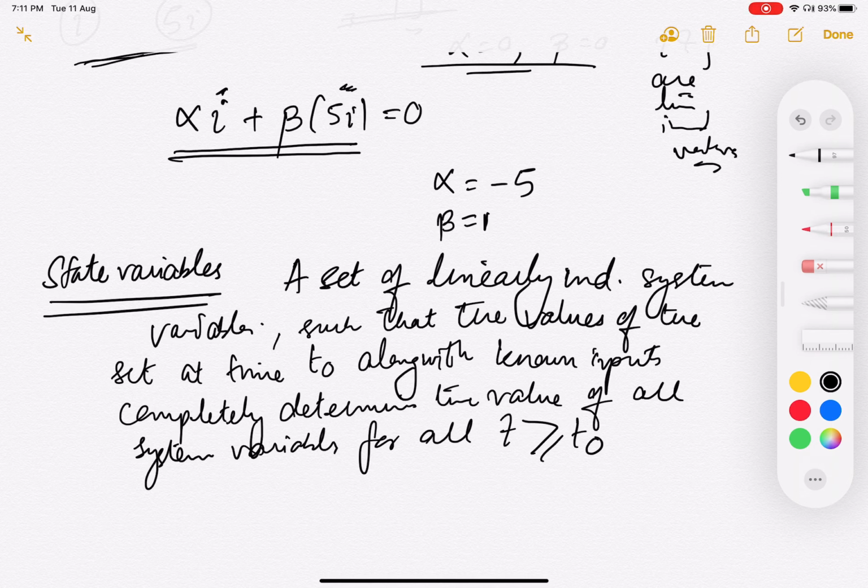So a set of linearly independent system variables such that the values of this set at time t0, along with known inputs, completely determines the value of all system variables for all t greater than or equal to t0.